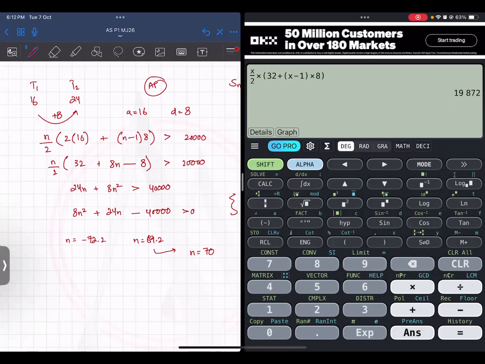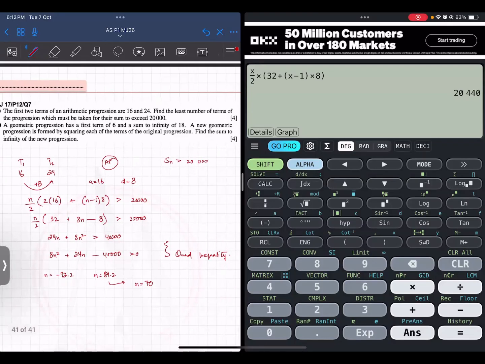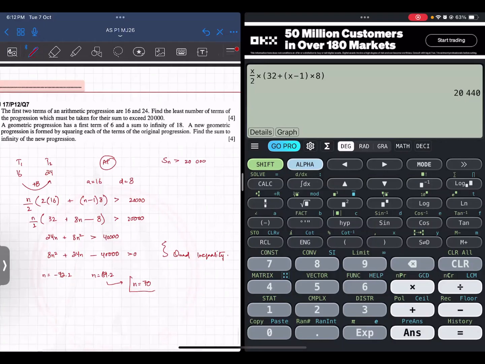And if I do it now for 70, it should be more than 20,000. So look, it is more than 20,000. So this means that the least number of terms to be taken is 70, so that the sum exceeds 20,000. So this is your answer.